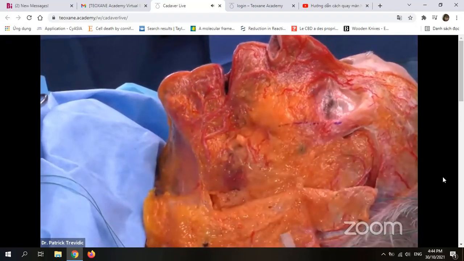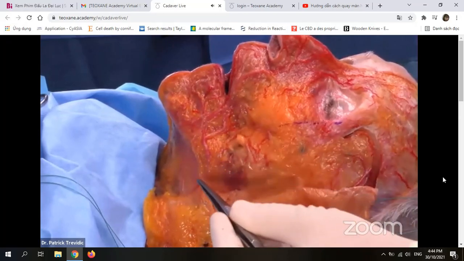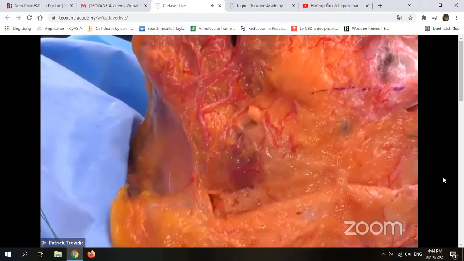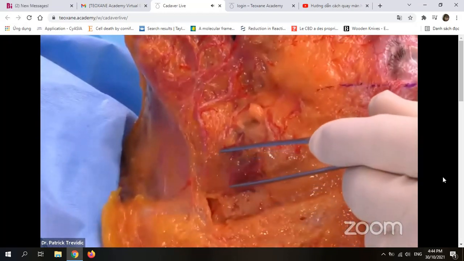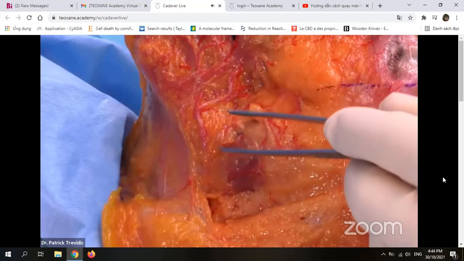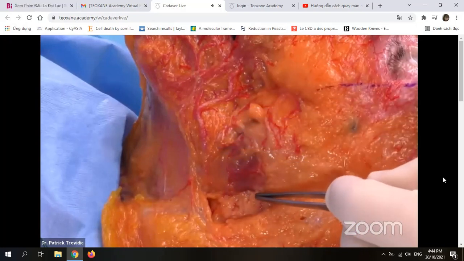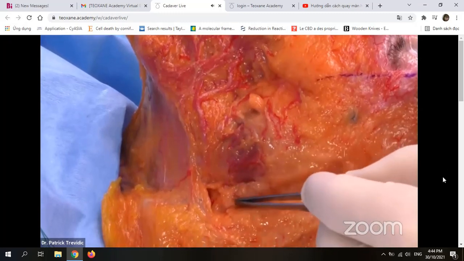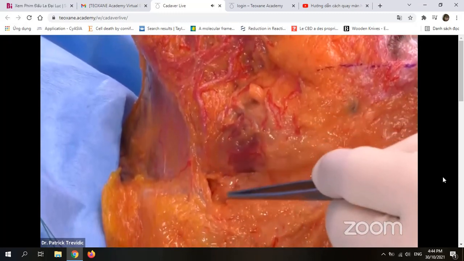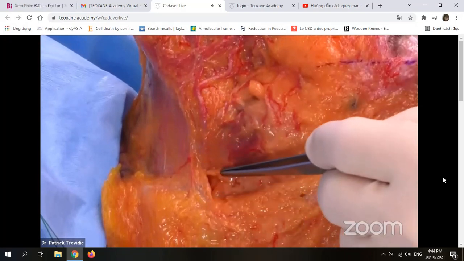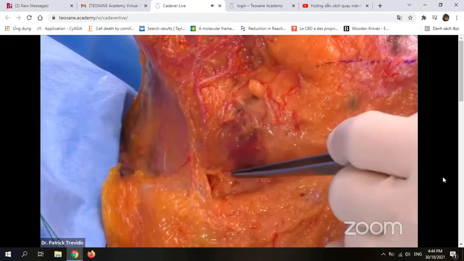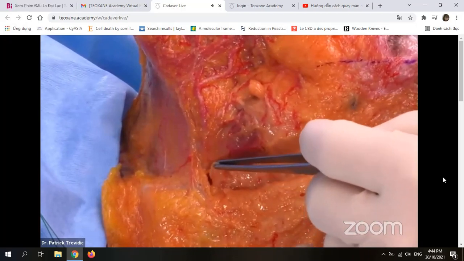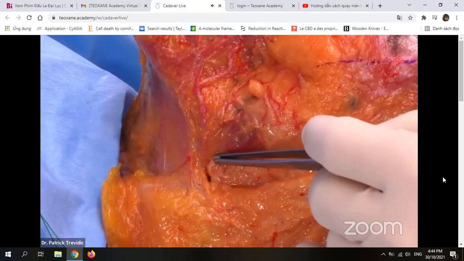Here, what you can see if we zoom on the mandibular angle is that we have multiple planes. The main anatomical element here is the masseter muscle. And posterior to the masseter muscle, this white volume is the parotid gland. The parotid gland, when you are lying down, is going behind the bone, behind the masseter. But when you are standing up, sometimes the parotid gland is coming to the mandibular angle.